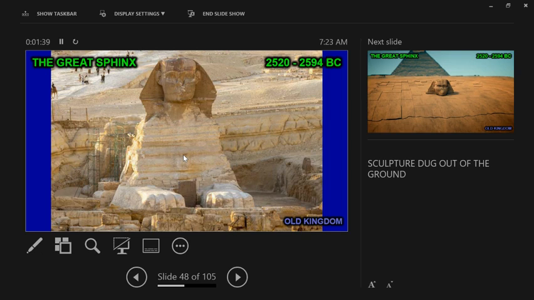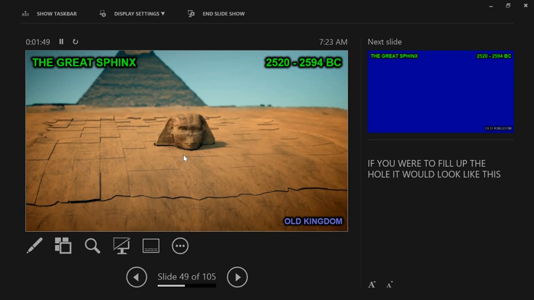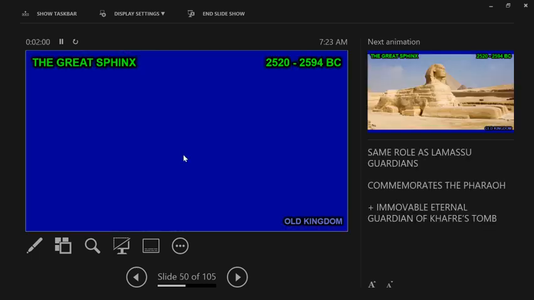Those same layers are in the Sphinx. So the Sphinx is literally carved out of the ground. They dug around the Sphinx. Basically, the head is the only thing that was actually built and added to it. The rest of it was just carved out.